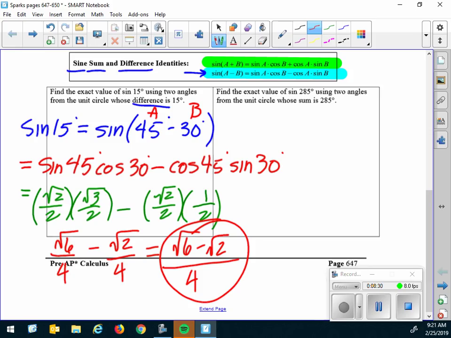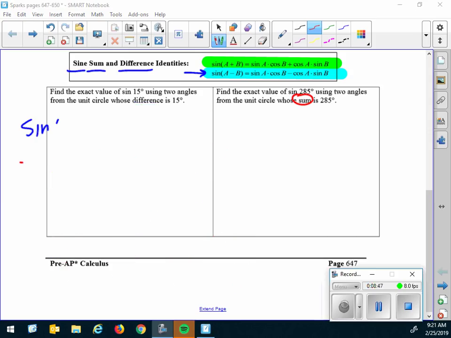Let's try another one. Find the exact value of sine of 285 degrees using two angles from the unit circle whose sum is 285 degrees. I'm going to pause for a second while I erase the other one so I'll have room. I need two angles that have a sum of 285 degrees that are actually on the unit circle.